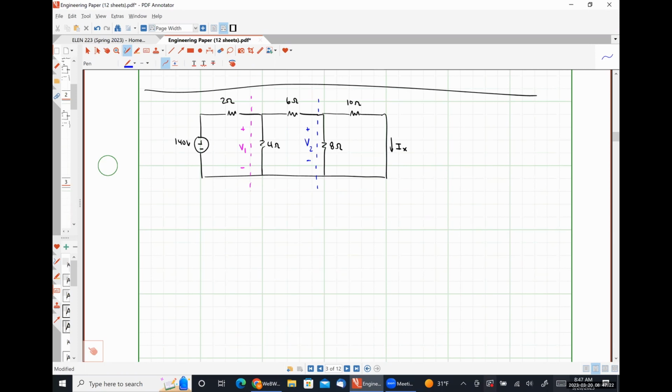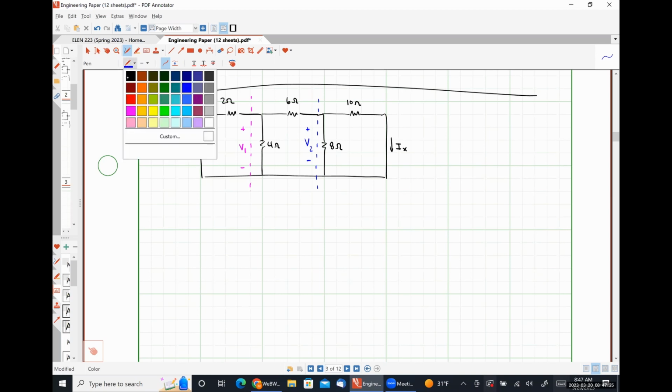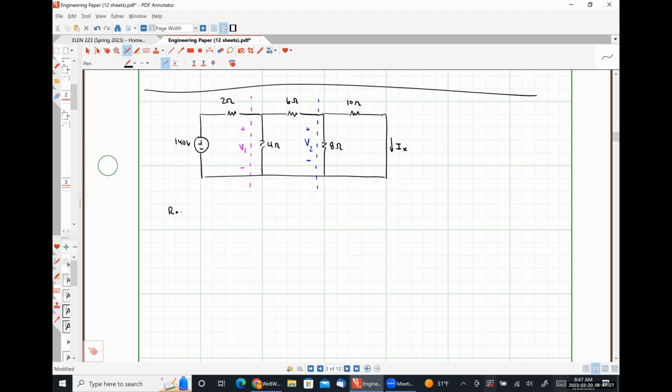All right. So REQ1 is going to be 4 ohms in parallel with 6 ohms in series with 8 ohms in parallel with 10 ohms, right?